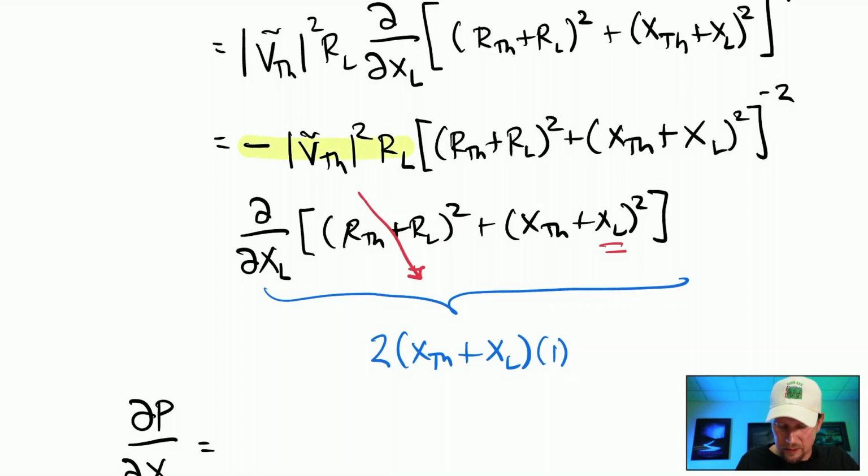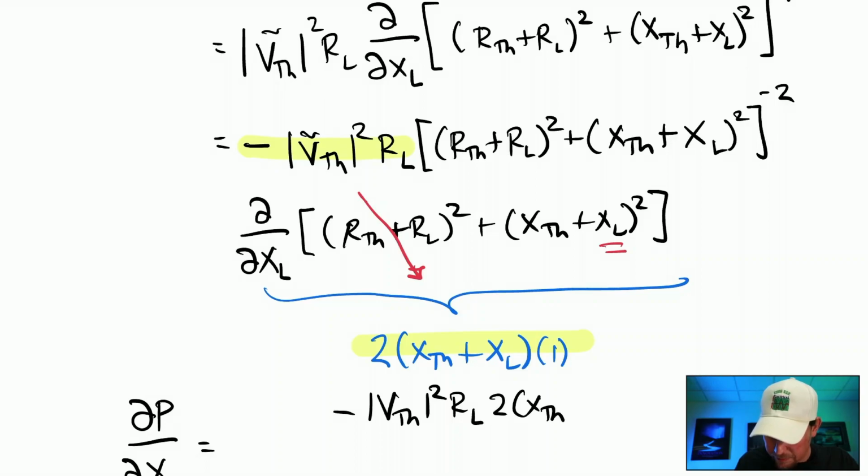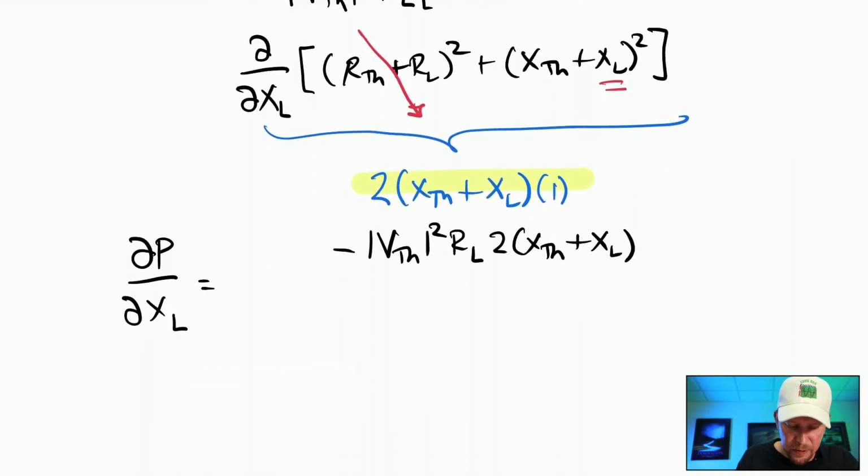We have the minus Thevenin voltage squared times the load resistance. We then have this term in the numerator. So here we have 2 times the Thevenin reactance plus the load reactance. We also have this monstrosity of a term. Notice that it's being squared, and you can keep that in the denominator.